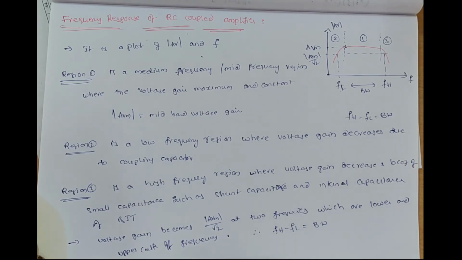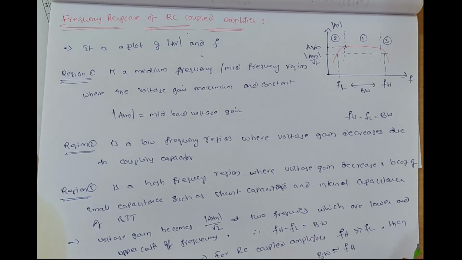Yes. So we know for RC coupled amplifiers, this FH value is too large compared to the FL value. For RC coupled amplifiers, FH is greater compared to the FL value. Then we can write bandwidth is approximately FH only.